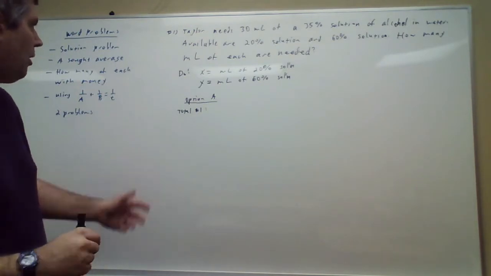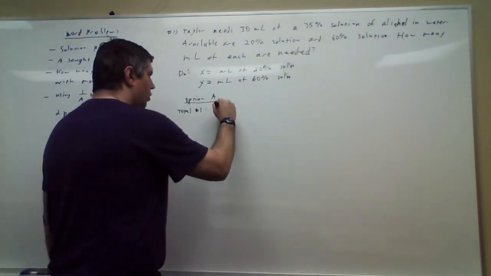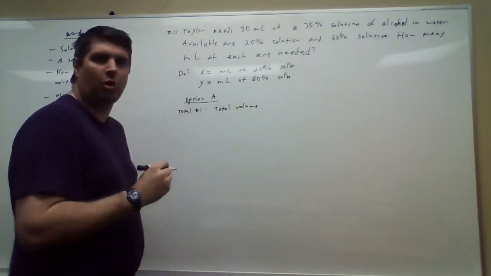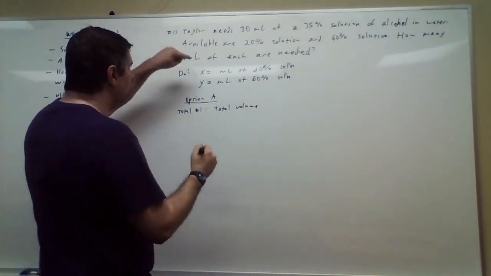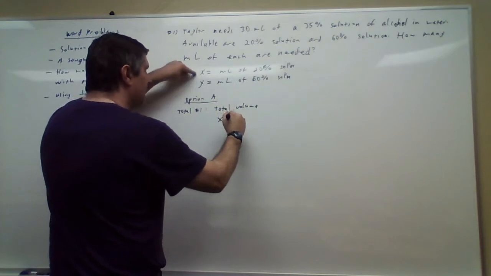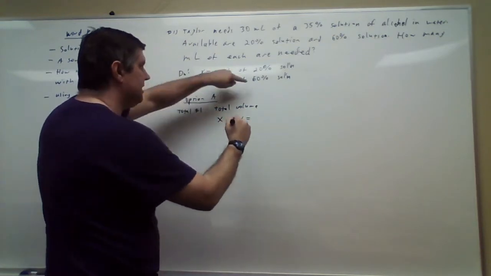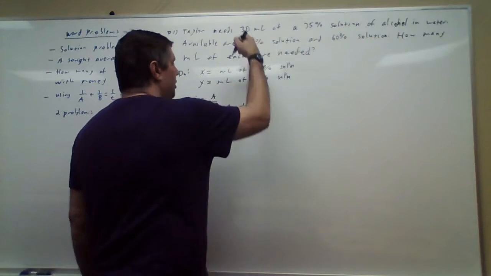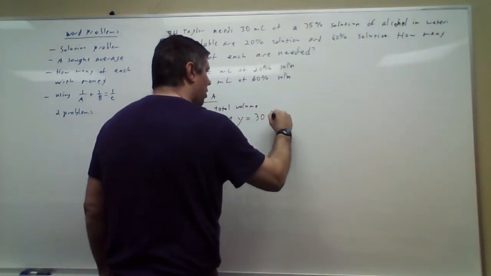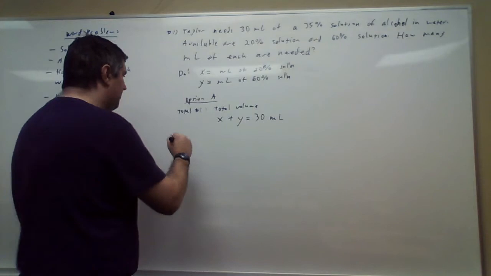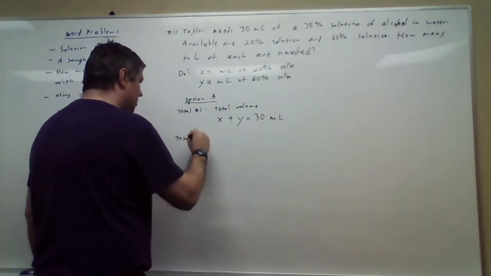So total number 1, total volume. X milliliters of 20% solution plus Y milliliters of 60% solution will equal 30 milliliters of total solution. Okay? Next, I'm doing total number 2.